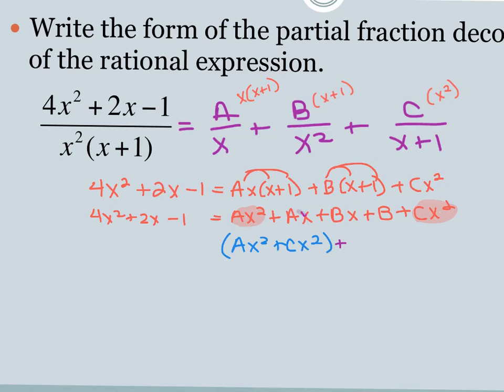And then I'm going to group together all of my x to the first, ax and bx. And then all that's left is my constant, which is b. If there was more than that, I would group that together as well.